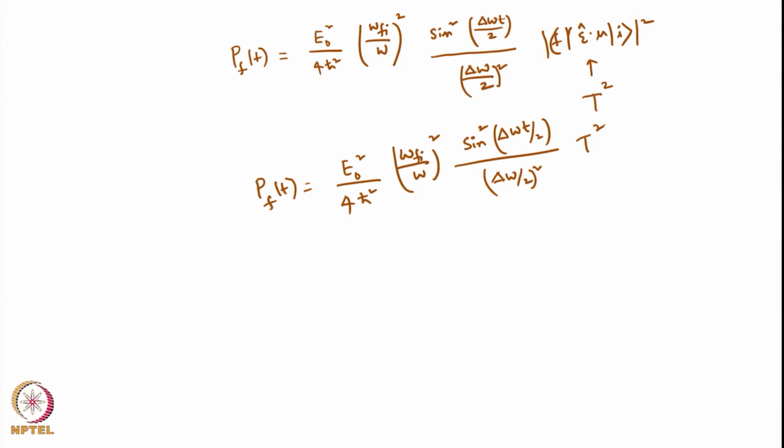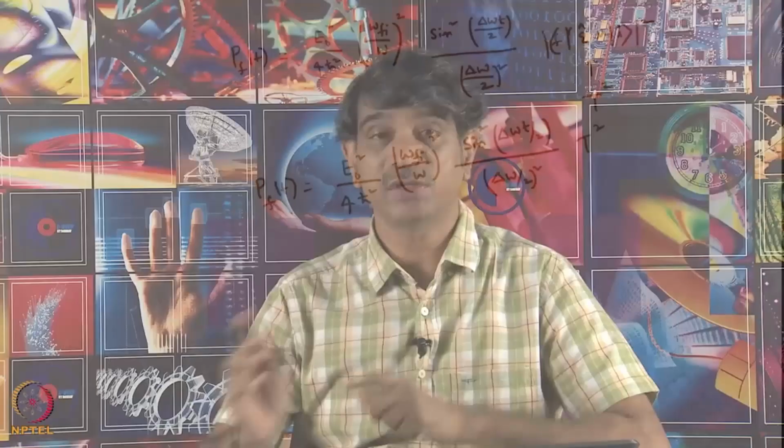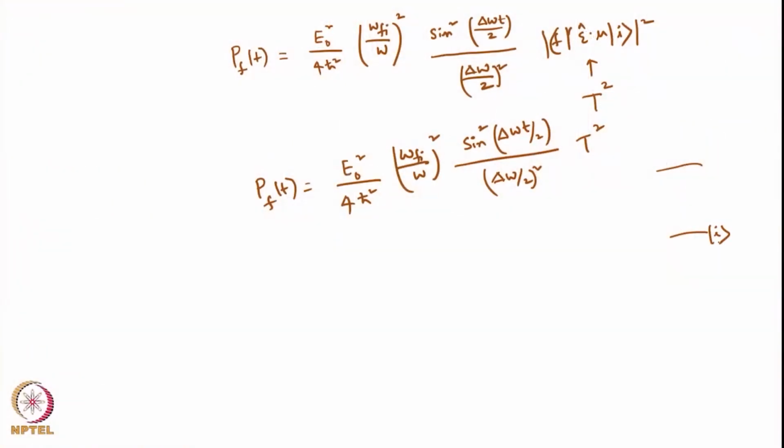Now you can see for a given omega, omega Fi is fixed because the energy difference between the two states is fixed. So your initial state and the final state are fixed, so omega Fi is a constant. Omega will vary because if your electromagnetic radiation varies, that will vary, because you can tune the radiation, going from some frequency to some other frequency or some wavelength to some other wavelength.